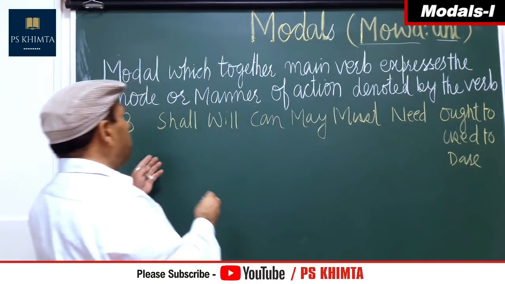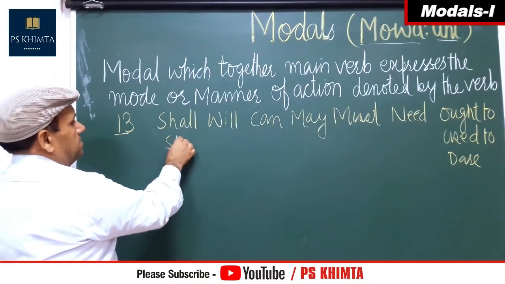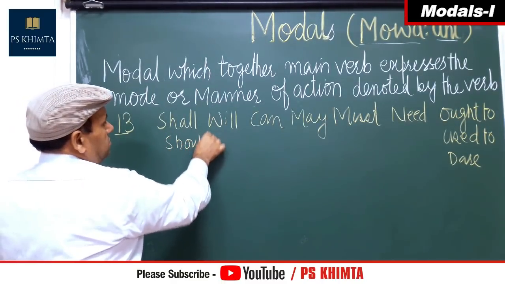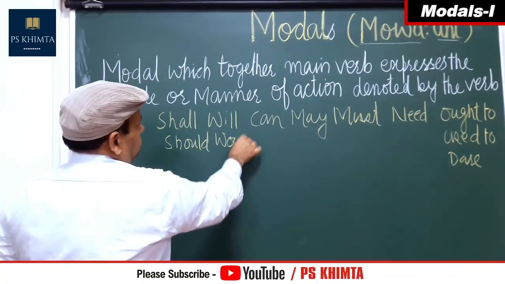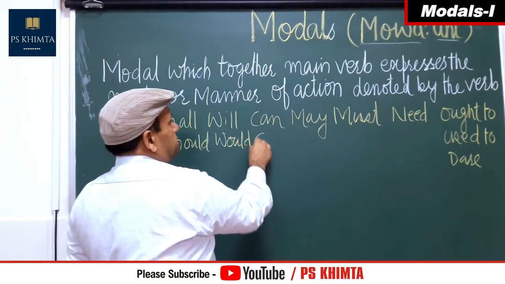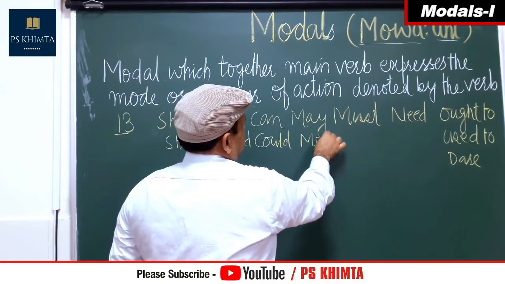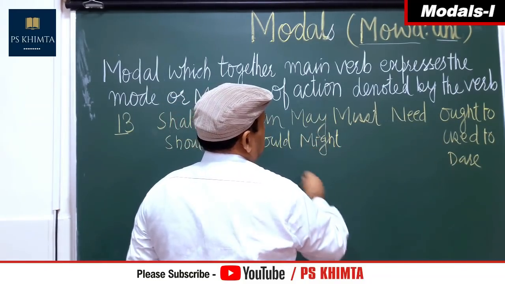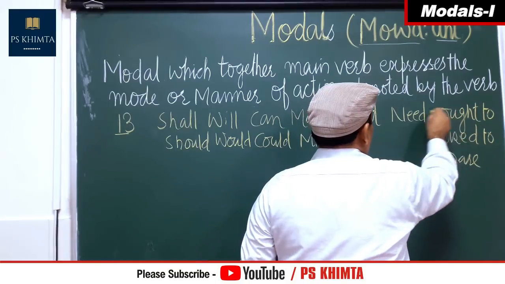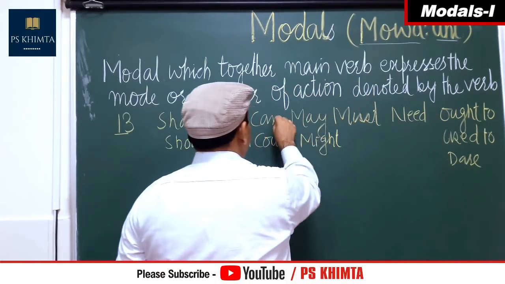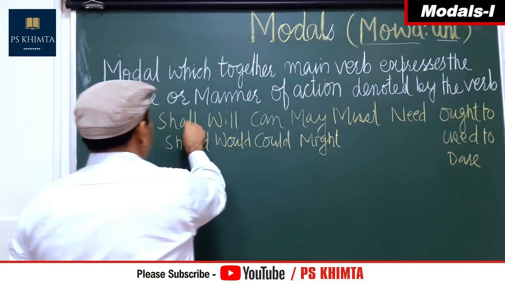Then we have the past forms of shall: this is should, this is would, this is could, this is might. Just count them: 1, 2, 3, 4, 5, 6, 7, 8, 9, 10, 11, 12, 13.